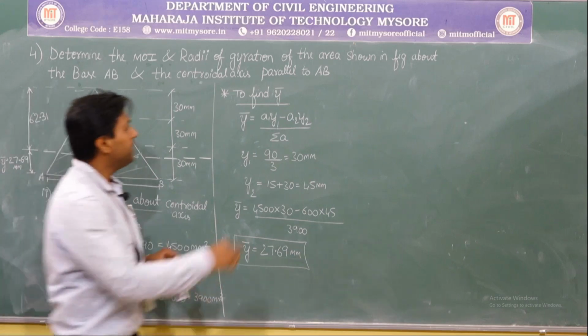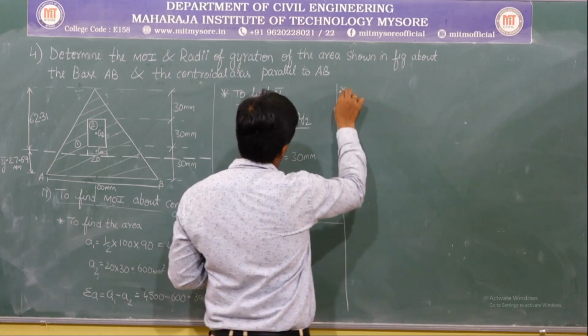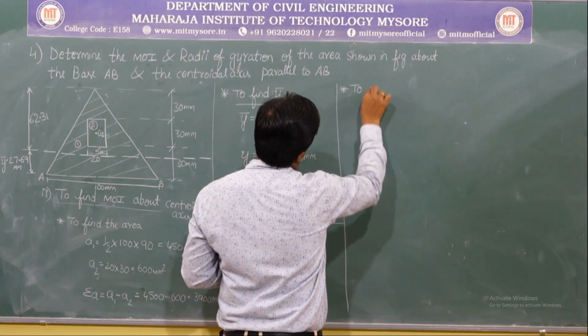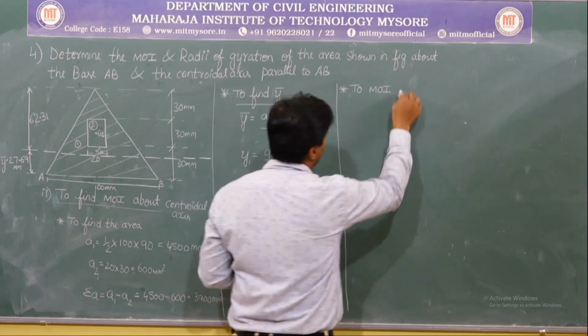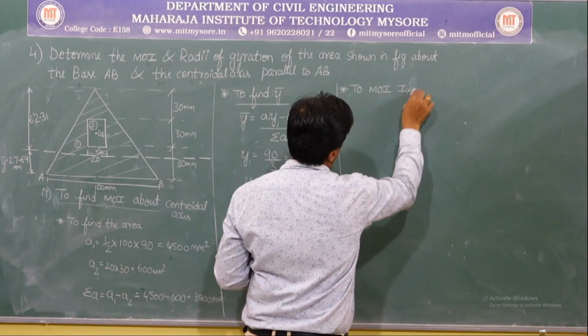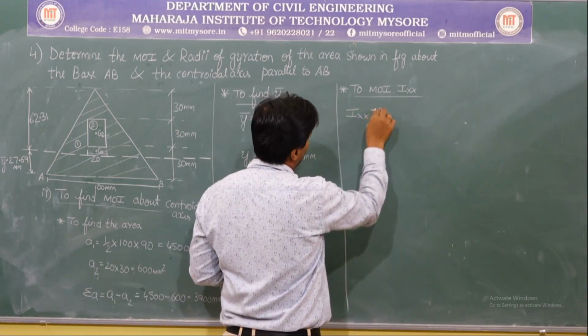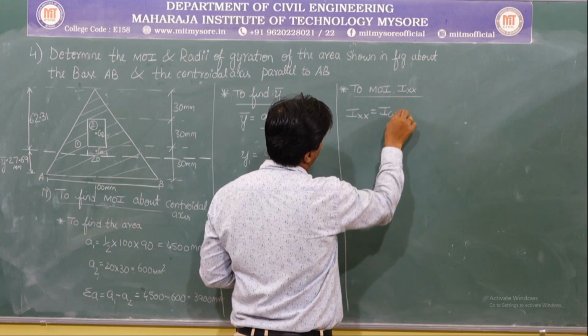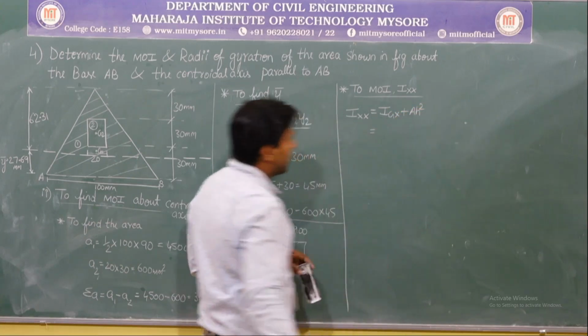Now let me start calculating the moment of inertia. Next, to find the moment of inertia parallel to the base AB, it is nothing but Ixx. So I need to calculate Ixx. The formula is the same, Igx plus A h square, no doubt in that. So what is Igx?